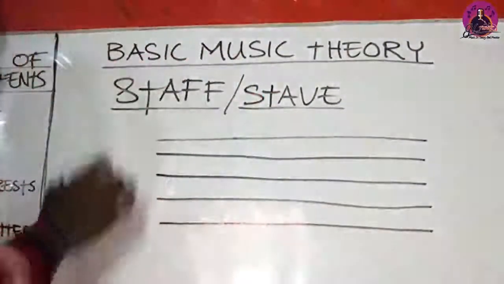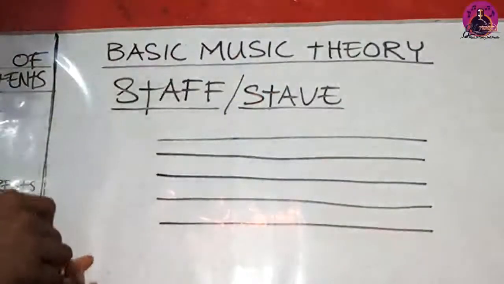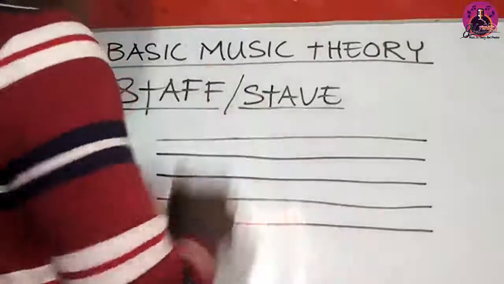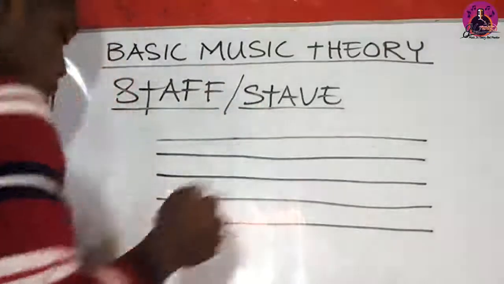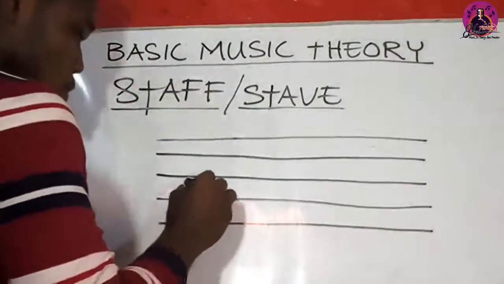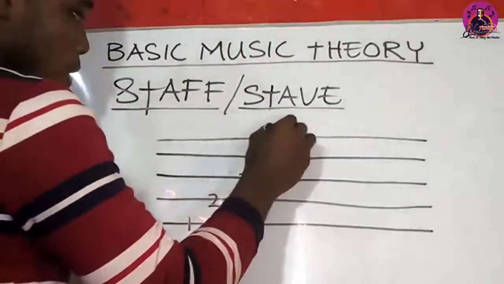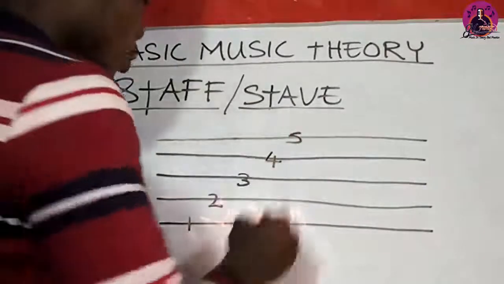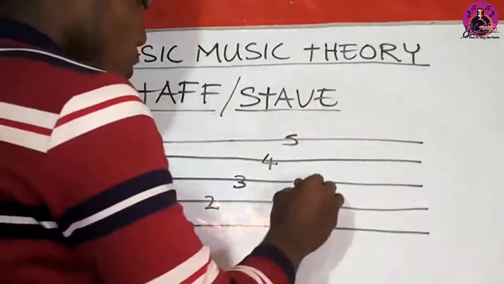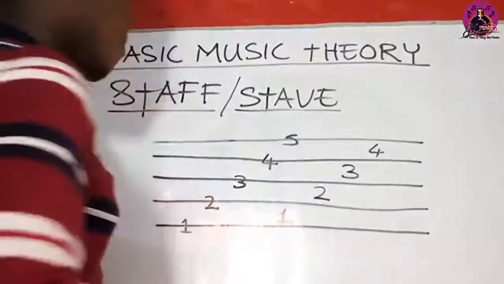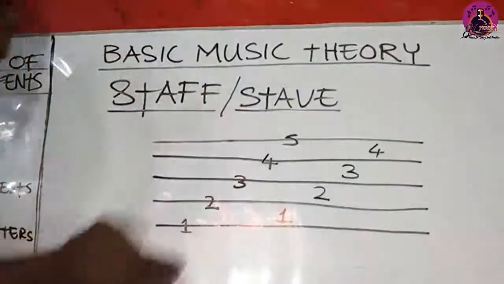So this is the staff. And when we want to number them, we number from the bottom to the top. Number the lines 1, 2, 3, 4, and 5 lines. For the spaces we have 1, 2, 3, and 4. So 5 lines and 4 spaces.